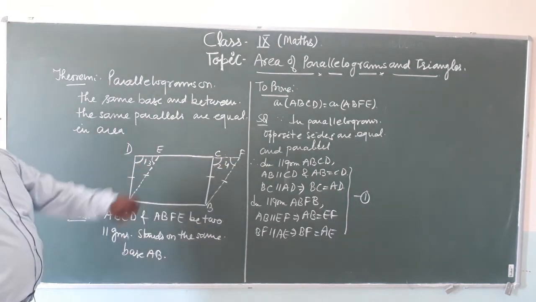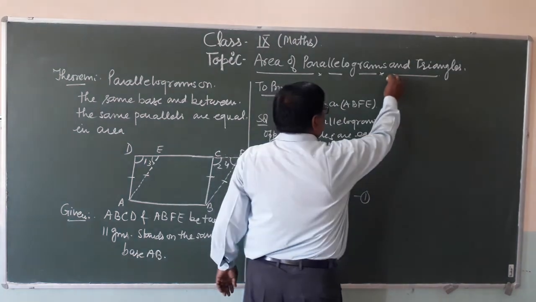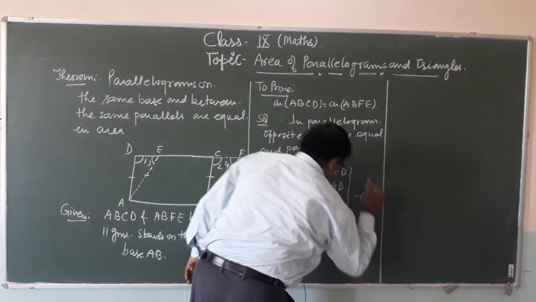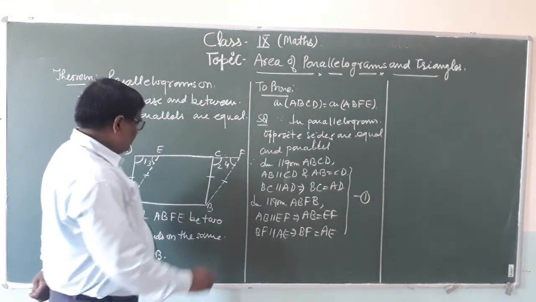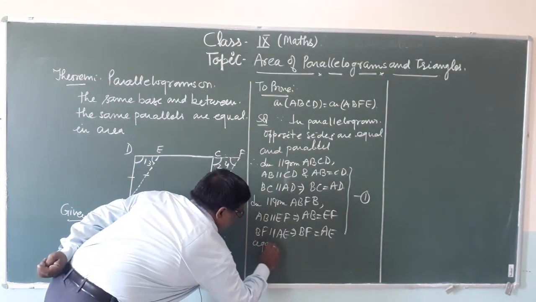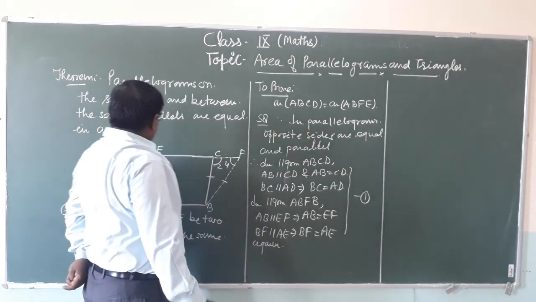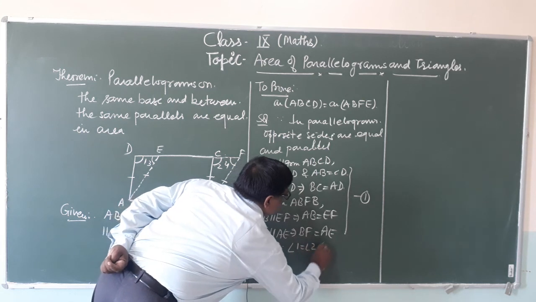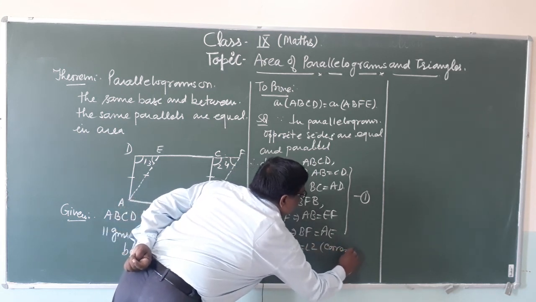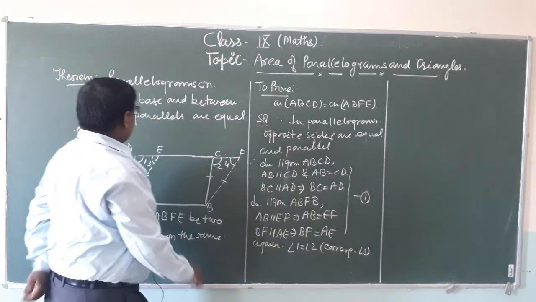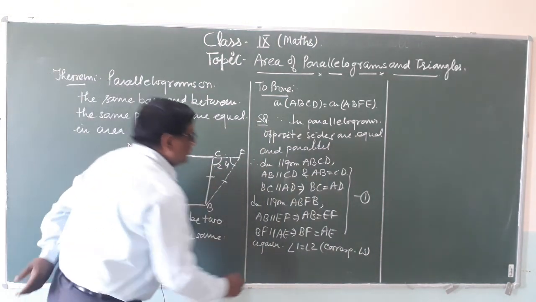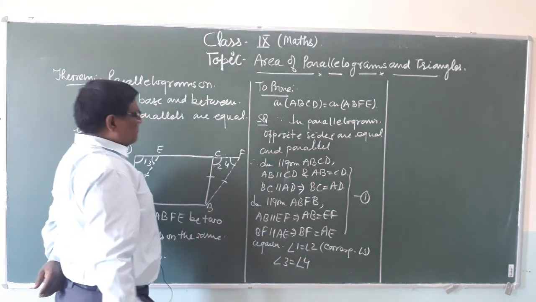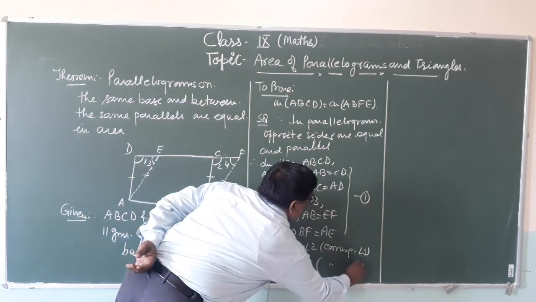So in two triangles, again here, angle 1 is equal to angle 2 because these are corresponding angles. Angle 3 is equal to angle 4, which is also a corresponding angle.